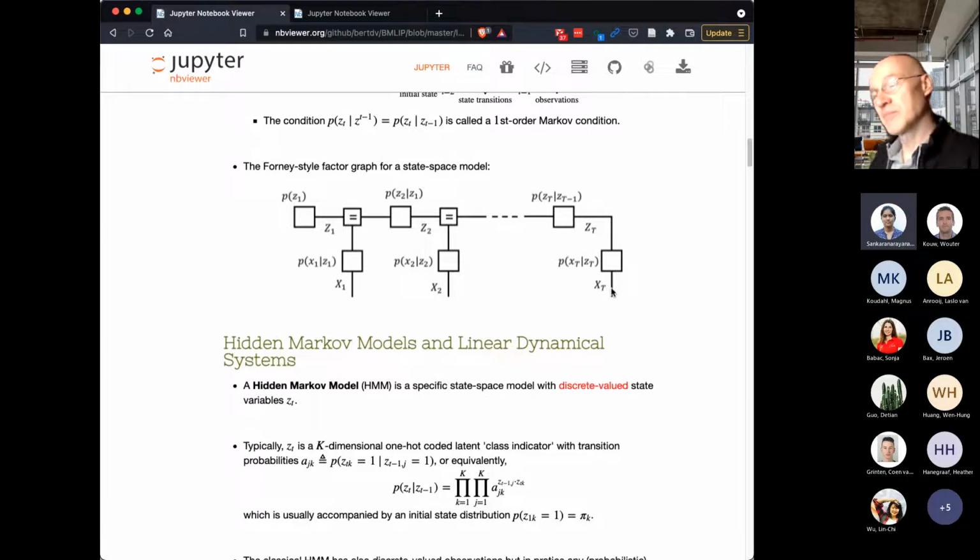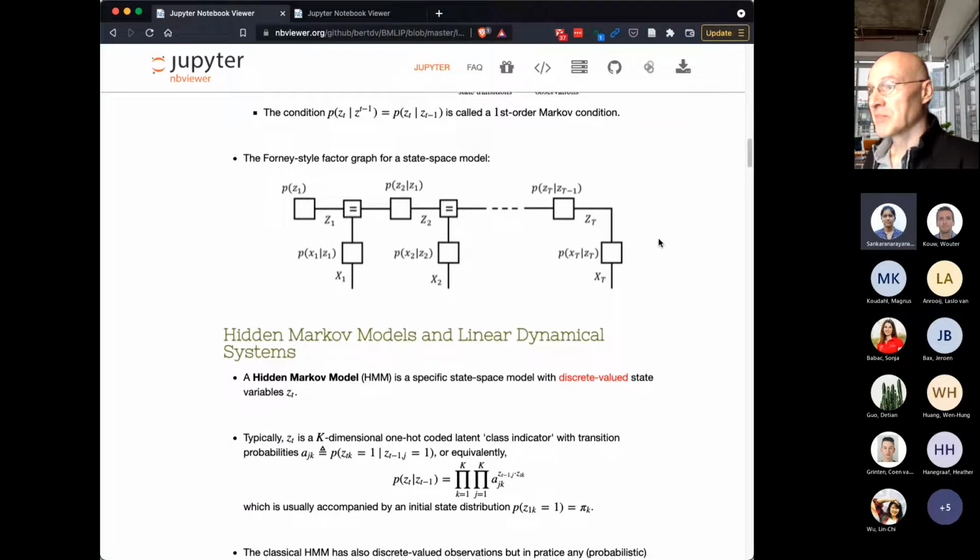Could you briefly explain hidden Markov models? I did not get the state transition probability and that equation, the update equation.